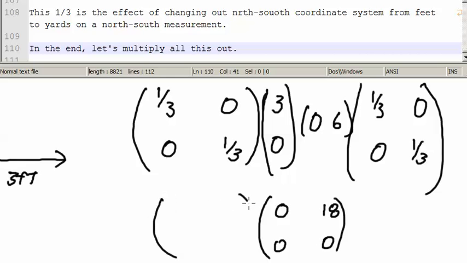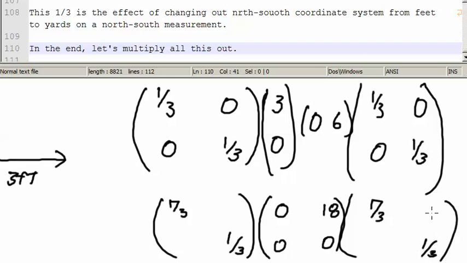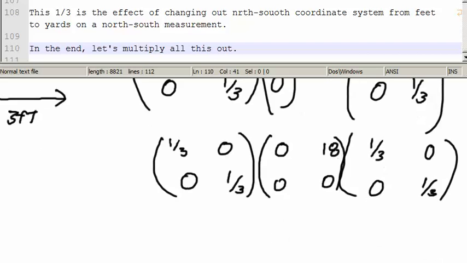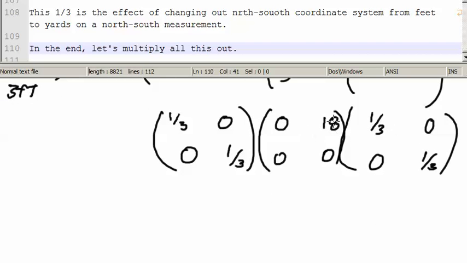Then we'll take 1/3, 1/3, 1/3, 1/3, 0, 0, 0, 0, and that ends up being just 1/9 of 18, so it'll be 0, 2, 0, 0.